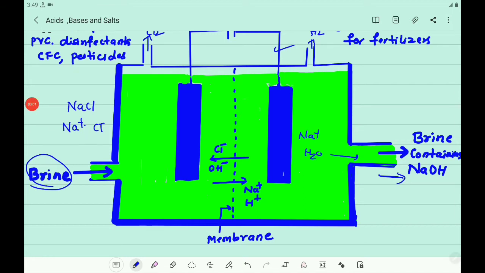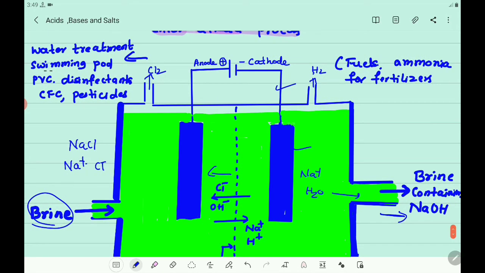Here you observe the cathode compartment and anode compartment. The sodium ion collects at the cathode compartment and reacts with the water to produce sodium hydroxide. And this chlorine gas comes out towards the anode. Chlorine is formed at the anode and is collected as gas.